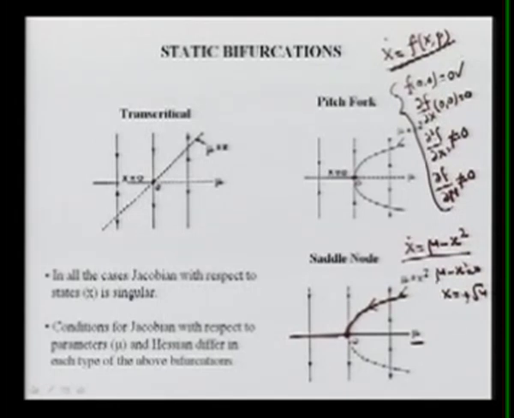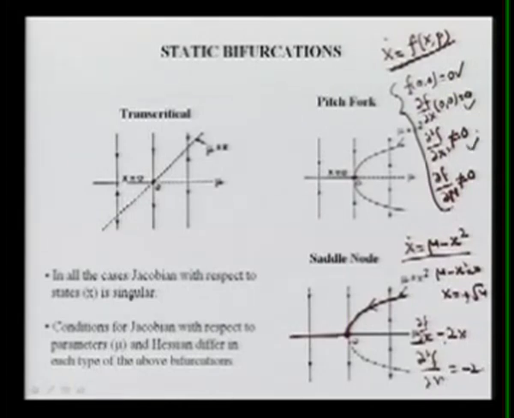Now if you are differentiating this function, this is your f(x), with respect to x, you are getting minus 2x, which is del f upon del x. Putting 0, again you are getting 0, so you are satisfying this one. Now if you are double differentiating, del square f upon del x square is minus 2, and it is not 0, so you are meeting this one as well.